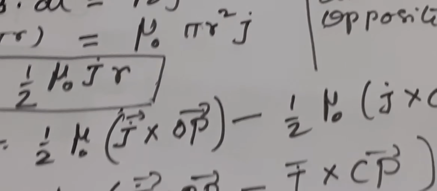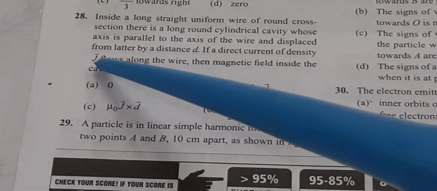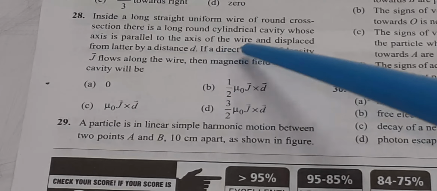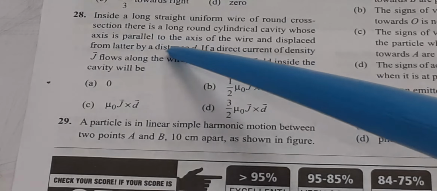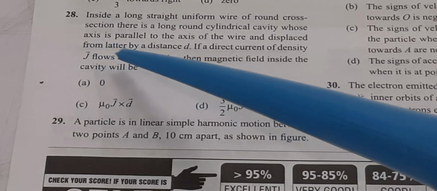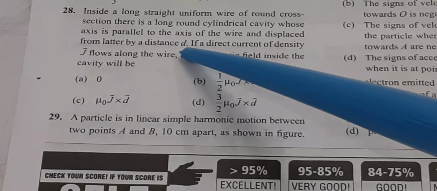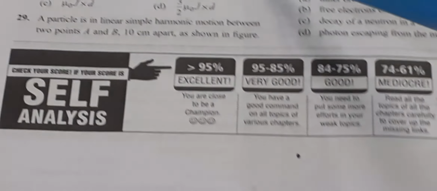In the question you have seen that it is given here: distance D, parallel to the axis of the wire and displaced from it by a distance D. If you take it in terms of vector, it will be from O to C. Now that can be replaced by D vector.